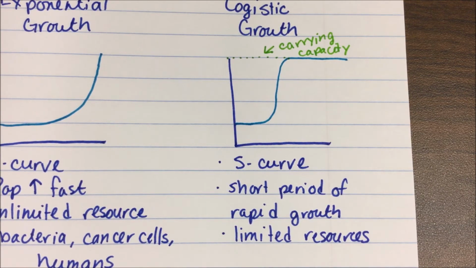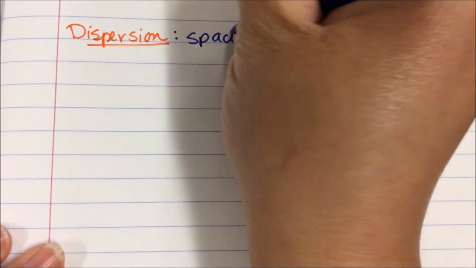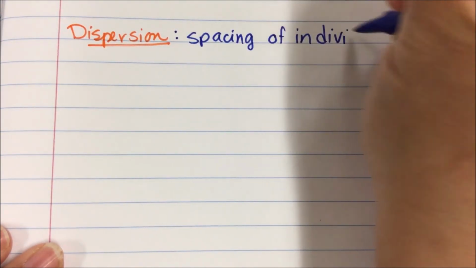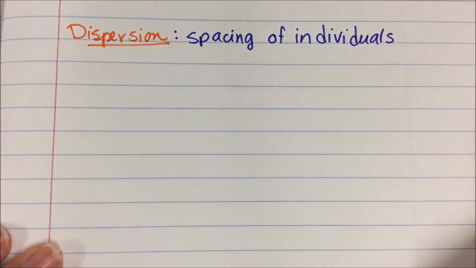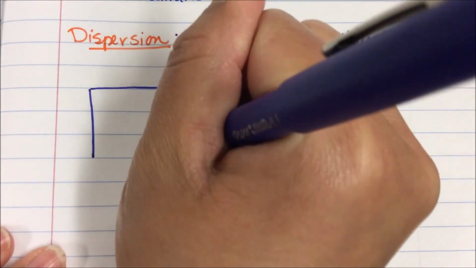Lastly, the last thing we're going to talk about is dispersion. This one's really easy. Population dispersion is the spacing of our individuals. Let's imagine I have these three little areas.